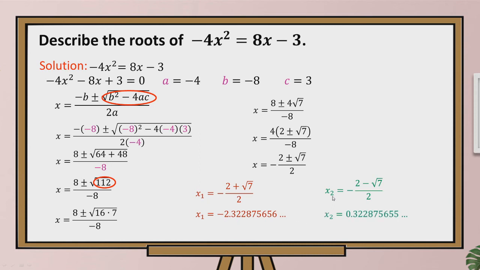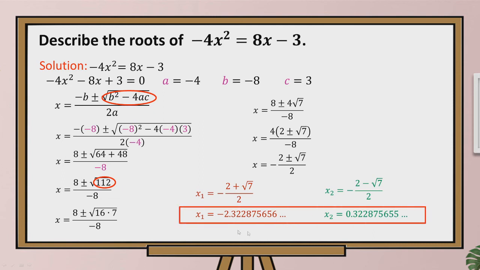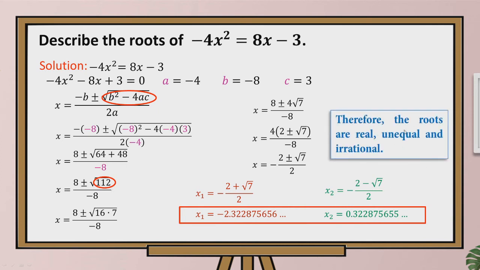And the value of the second root is positive 0.322875655 and so on. Now, this result verifies kung ano yung sinasabi ng discriminant about sa nature ng ating roots. Therefore, we can now say that the roots of our quadratic equation are real, unequal, and irrational.